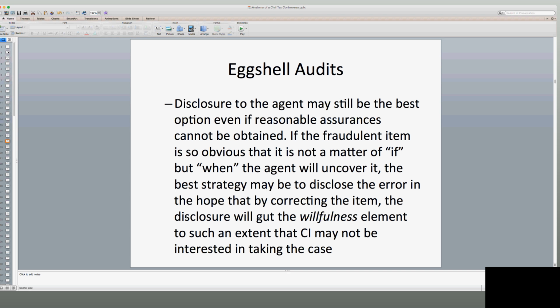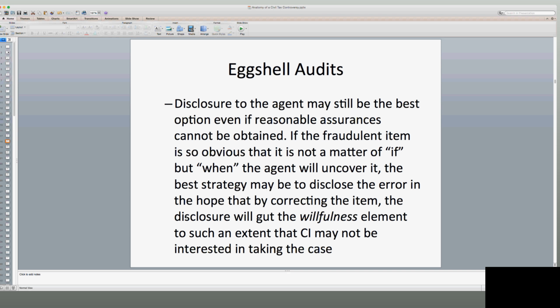To the extent that the CPA or tax professional has come out at the very beginning and disclosed to the agent that there is something potentially fraudulent on the return, that can be used to argue that willfulness doesn't exist.